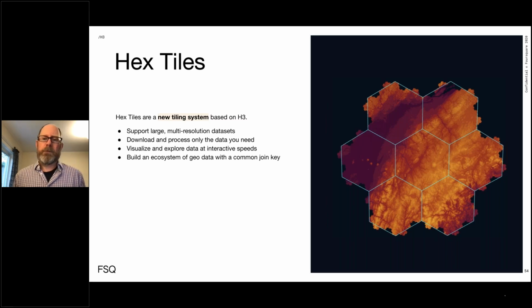The benefit of Hex Tiles is that it allows Foursquare, which is fundamentally one of the things that we're best at, is providing really interesting data sets about places and about foot traffic and visits.